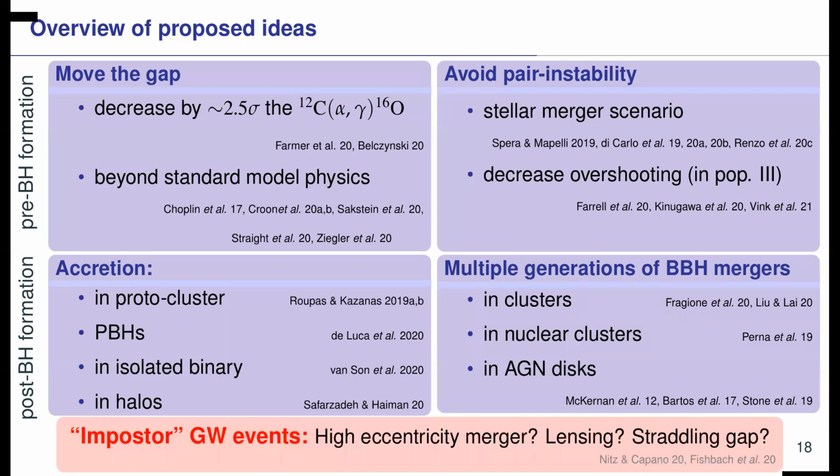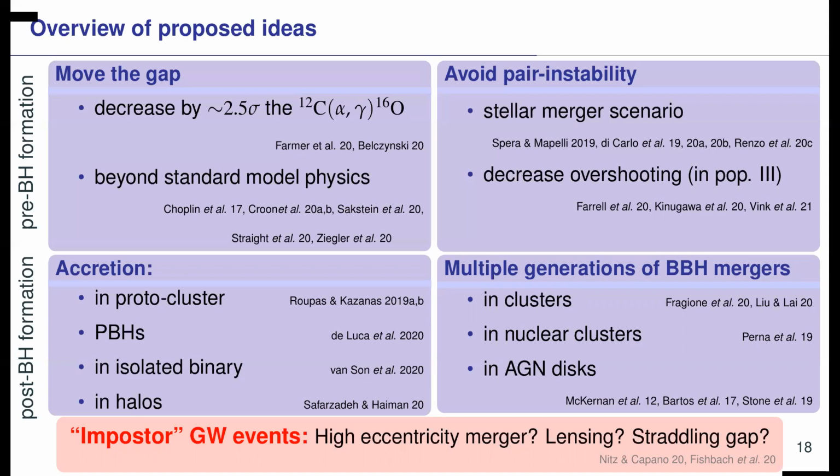And finally, just for completeness, I also want to mention that it could be that these very massive black holes in the gap are actually the result of a misinterpretation of the data. For example, we don't have waveforms to measure the black hole masses for very eccentric mergers, which could happen in a dynamical environment.